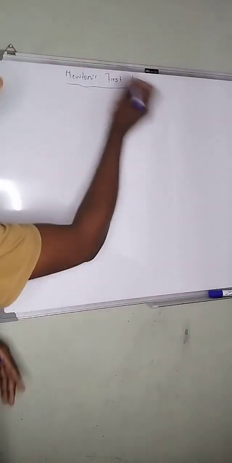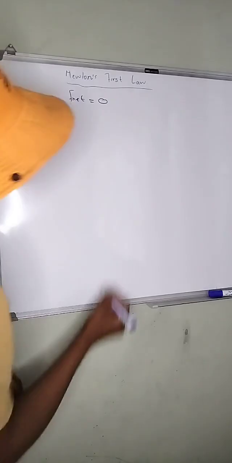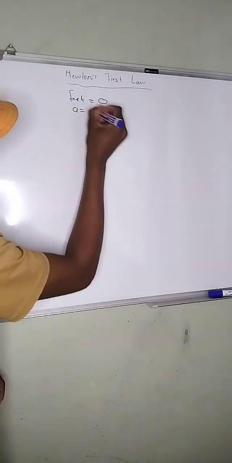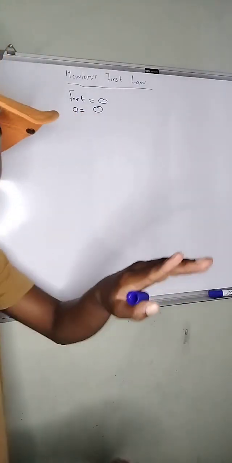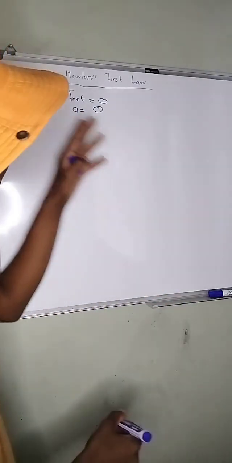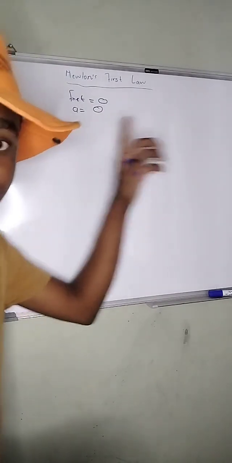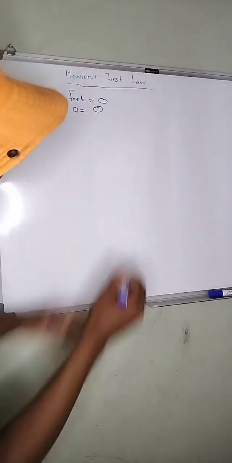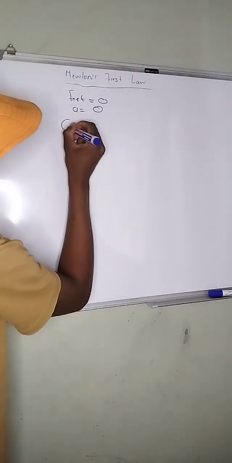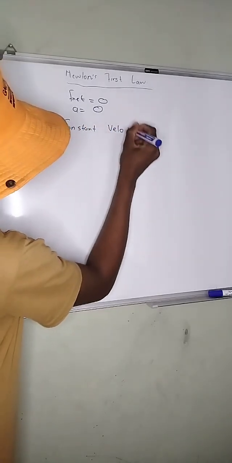First law. Here we are talking about F net being equal to 0 and acceleration being equal to 0, because whenever F net is 0, the acceleration is 0. And we are talking about constant velocity.